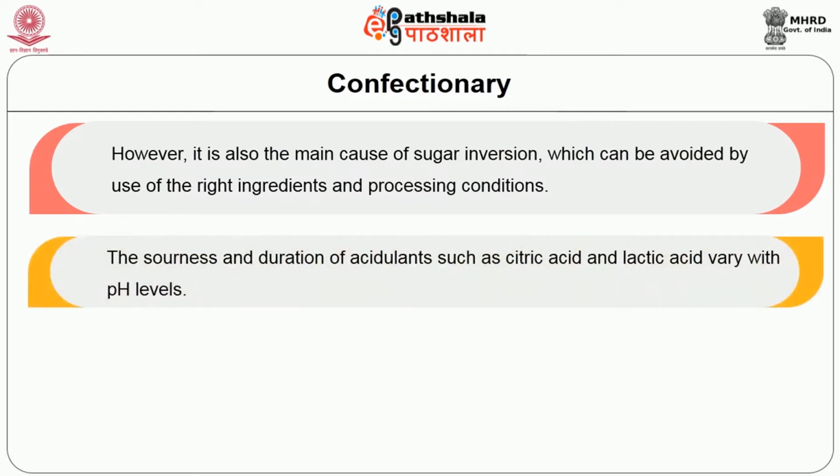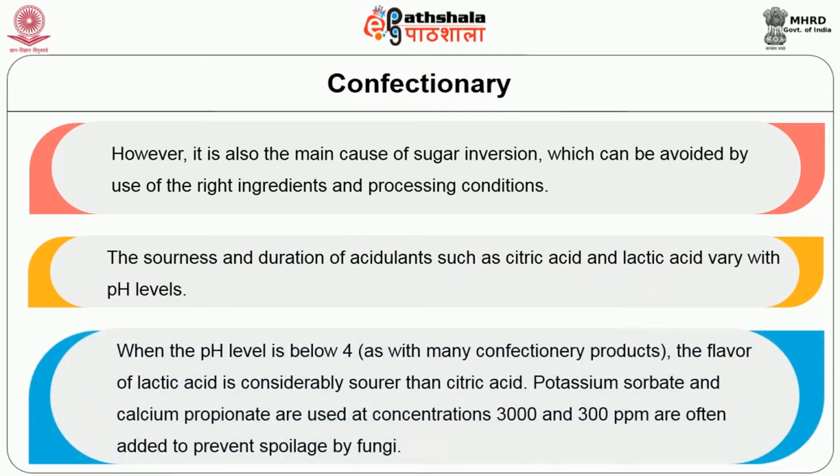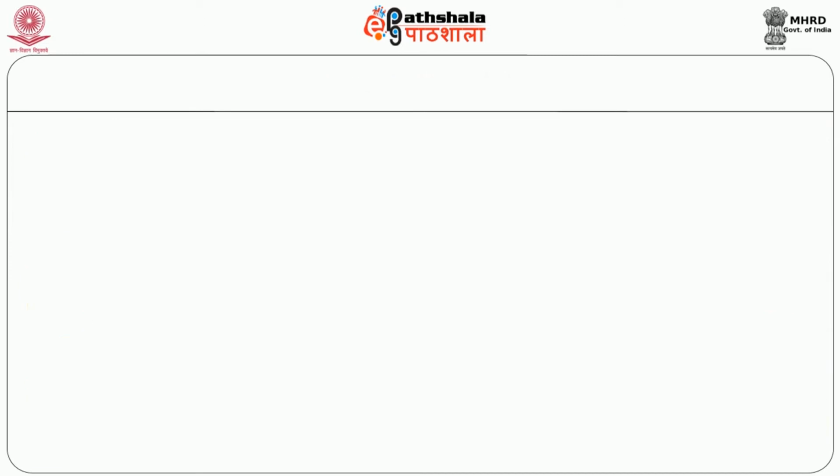The sourness and duration of acidulants such as citric acid and lactic acid vary with pH levels. When the pH level is below 4, the flavor of acetic acid is considerably sourer than citric acid. Potassium sorbate and calcium propionate at concentrations of 3000 and 300 ppm are often added to prevent spoilage by fungi.